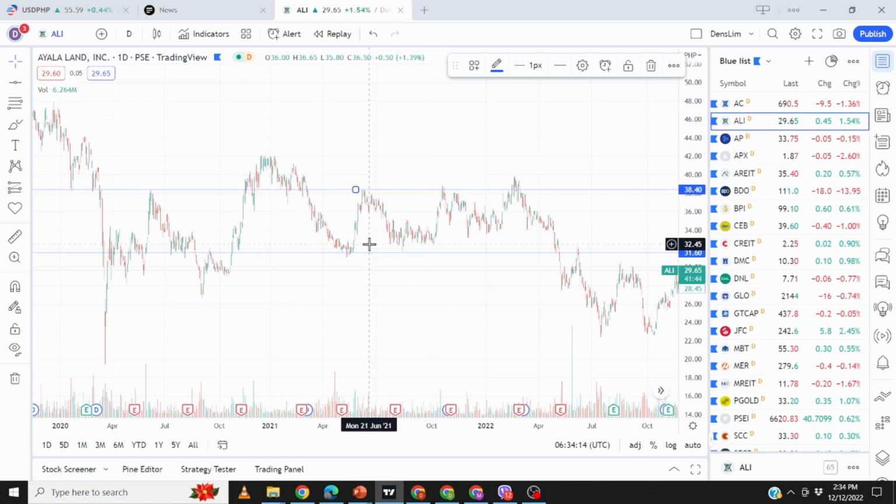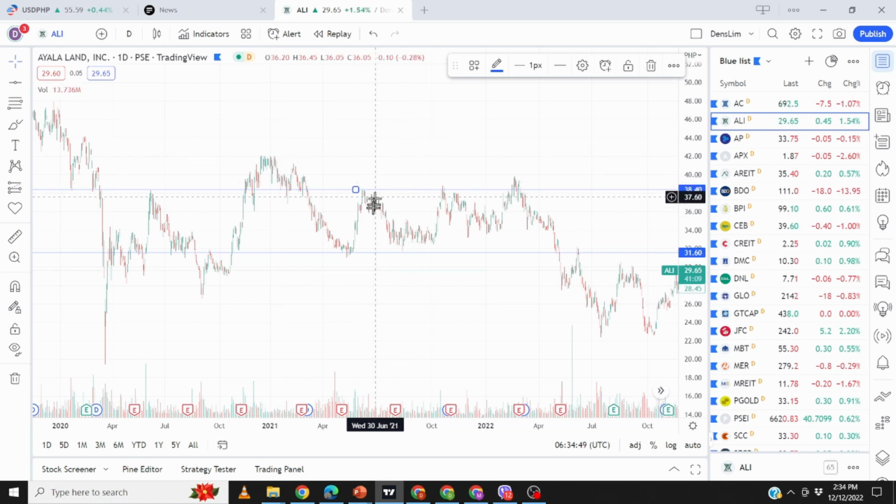So if you're buying this at 32, you can confidently wait for it to go to 38 and then sell, because historically, it has always gone down after it hits 38. Yes, it will go up to 41, 40, but most of the time it will go down. So usually just top slice your position, so that if it does go up, you can still have some stocks left to sell at a higher price, right?